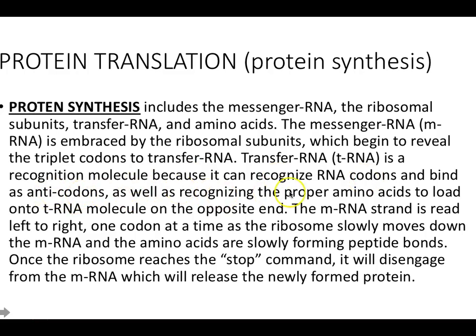It also recognizes and binds the proper amino acid to load, so that the transfer RNA molecule is going to have one end an amino acid, another end a three-letter RNA, where you're going to bind A with U and G with C. So they're complementary to the messenger RNA.